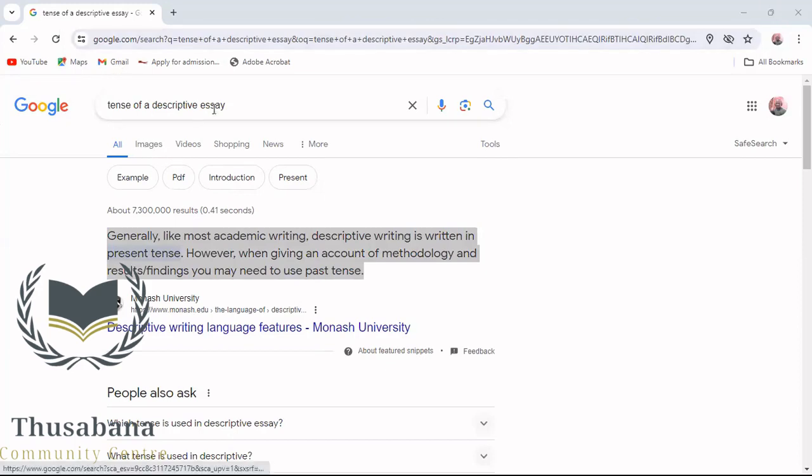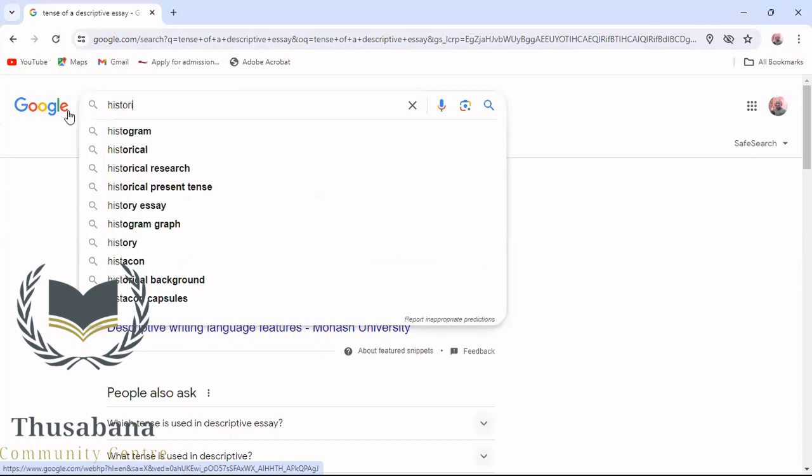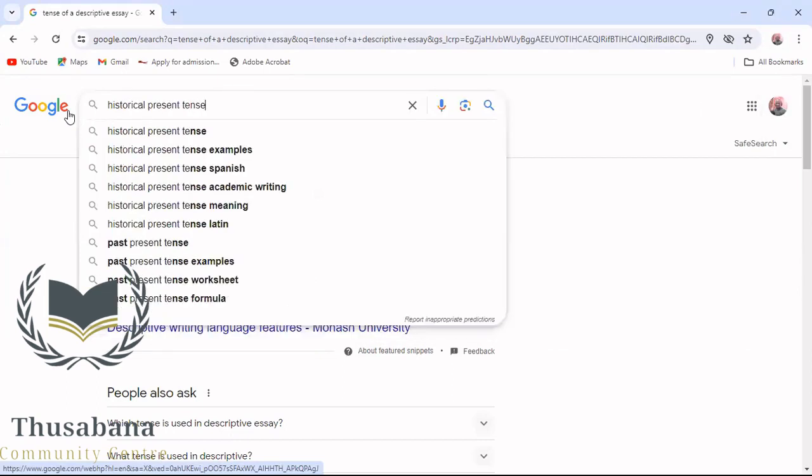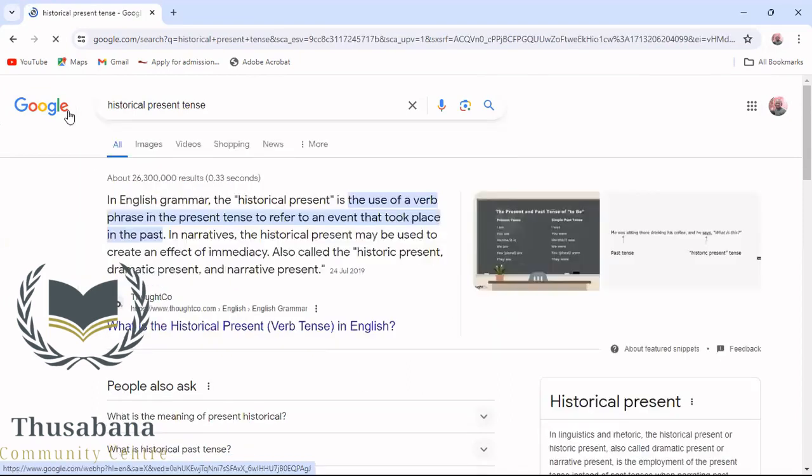All right. So honestly, what we refer to as historical present tense. All right, let's just see what the historical present tense is, because maybe with stuff like this, this is what you would use.